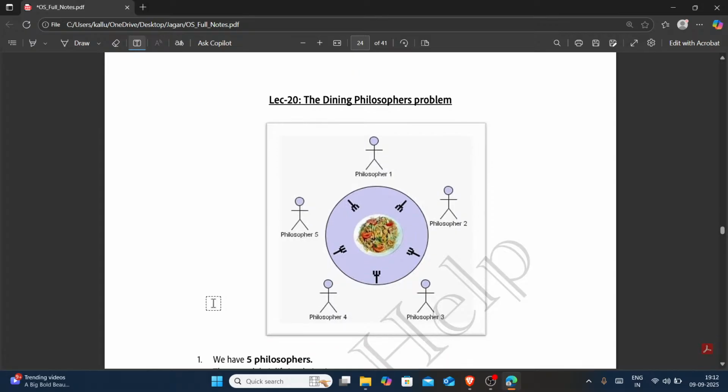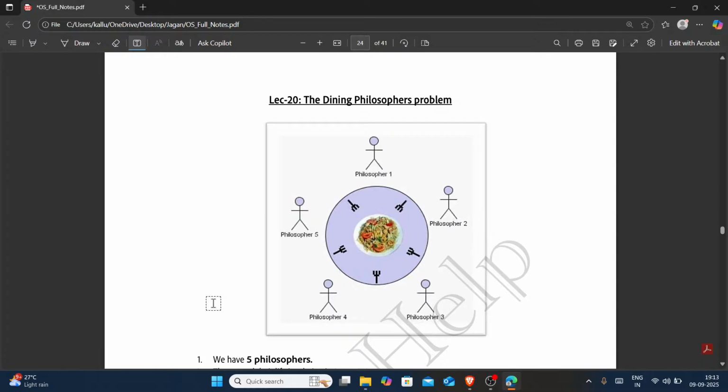Now comes the dining philosopher problem. We have five philosophers and five spoons, and they are trying to eat. Everyone needs two spoons to eat, and if everyone picks one spoon, there will be a deadlock.